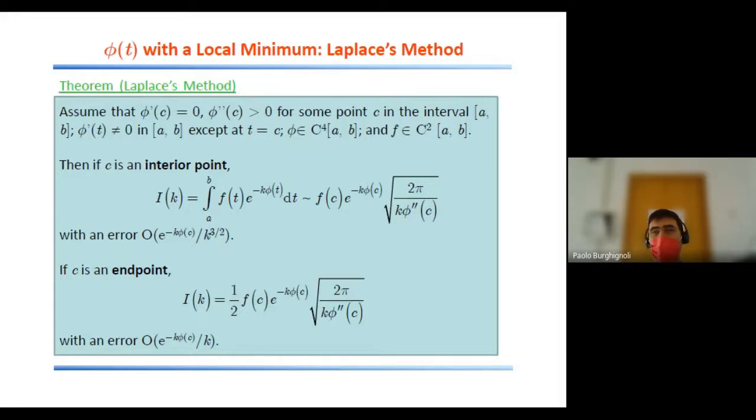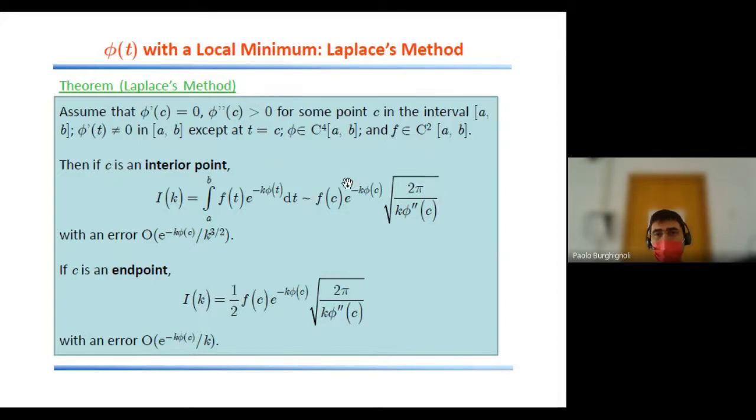You have a function phi whose first derivative vanishes at some interior point c, and if the first derivative does not vanish at any other point in the same interval, if your function phi is in C4 inside this integral, so it has 4 continuous derivatives, whereas the function f is of class C2, then what we get is the asymptotic formula that we have just proven.